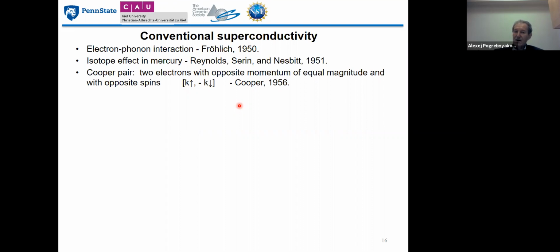Any attractive interaction between electrons, however small, would bring about the correlation between these pairs of electrons.